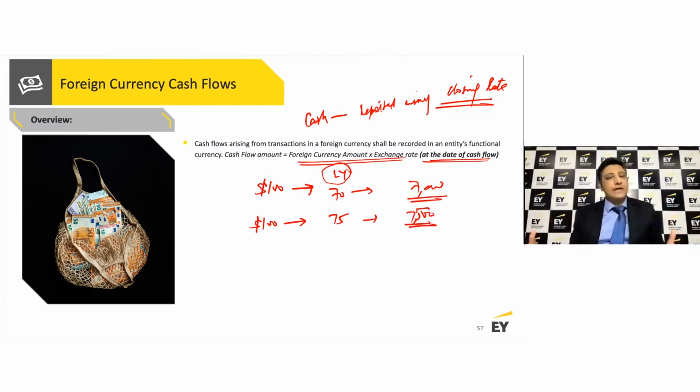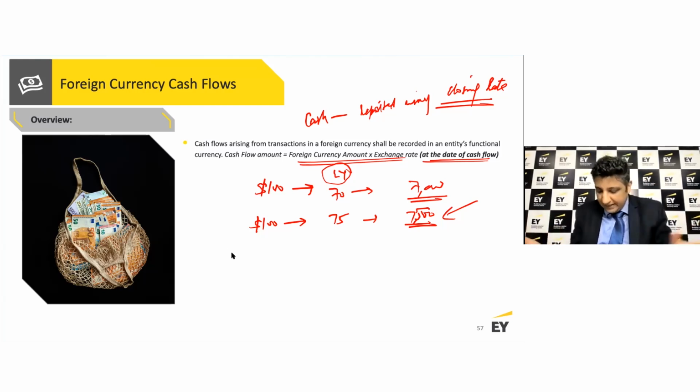How do I report that? The easy part: report it at 7,500. But is there any incremental cash coming in? The answer is no. You are just revaluing that amount of cash with a gain of 500. So in your books there is no cash movement, there is a notional gain which has come.